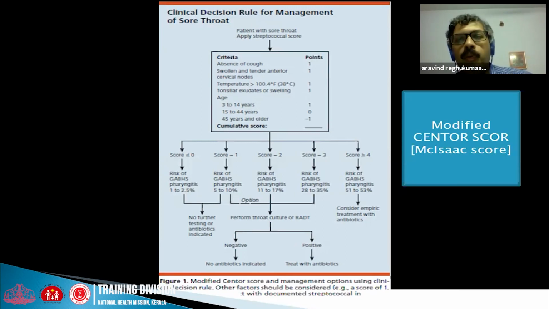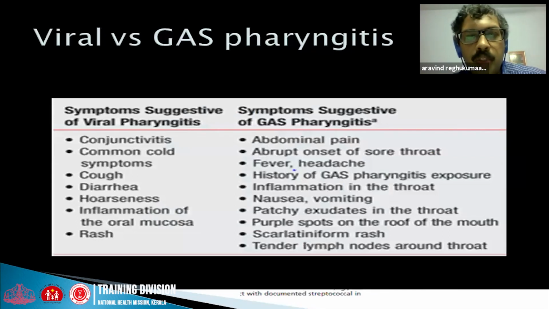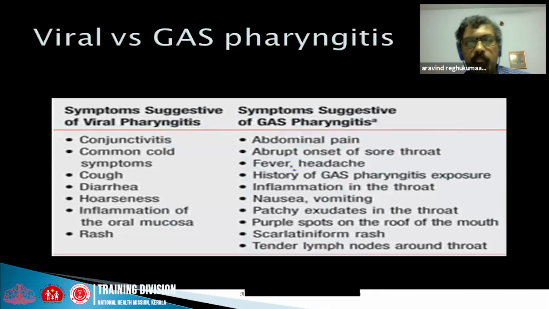It is very easy to follow, and based on this scoring system, you decide whether the patient is having a bacterial or a viral pharyngitis, and if it is bacterial, whether it is streptococcal pharyngitis or not. So these are the clinical clues that are going to help you in differentiating between a viral pharyngitis and a streptococcal pharyngitis.